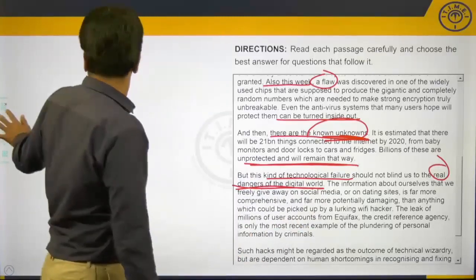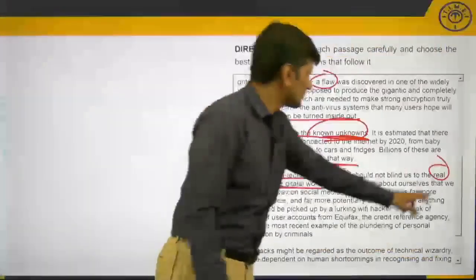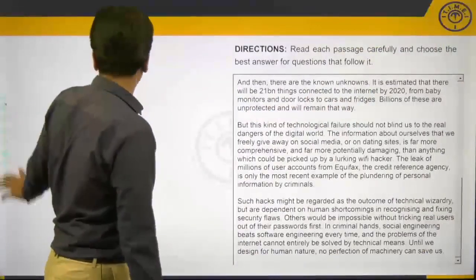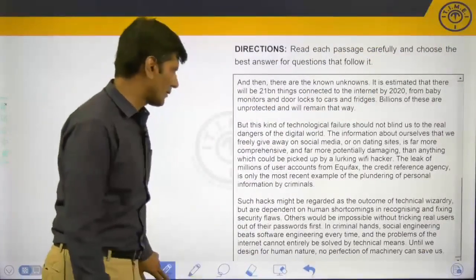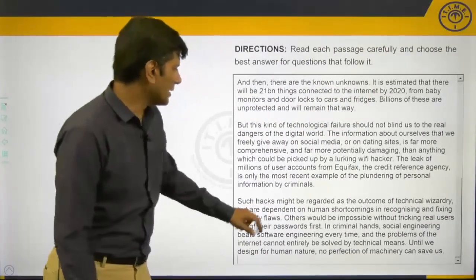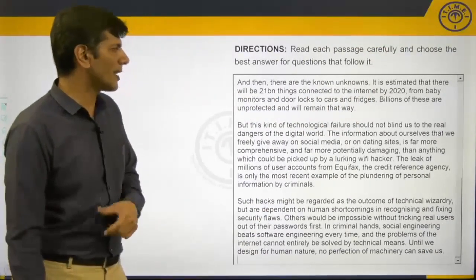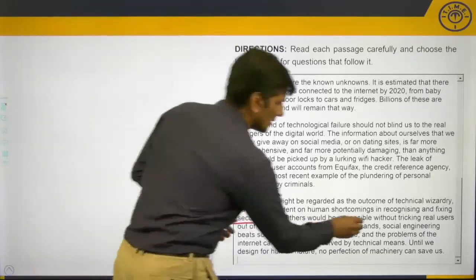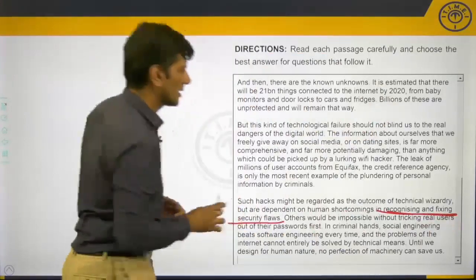Then, the last paragraph. Such hacks might not be regarded as the outcome of technical wizardry, but are dependent on human shortcomings in recognizing and fixing security flaws. Okay, so here's something that the author opines.